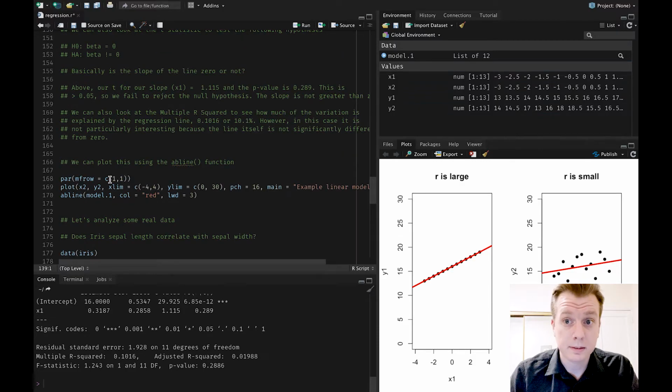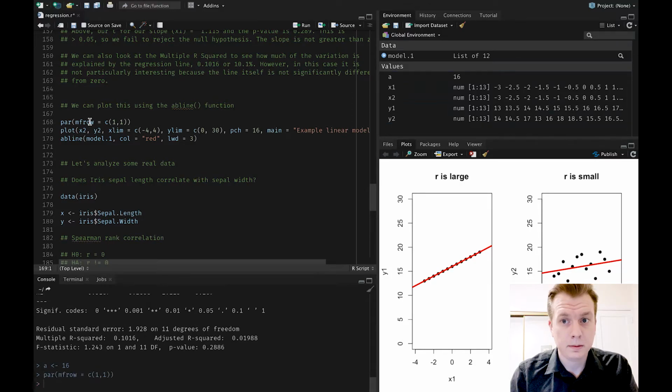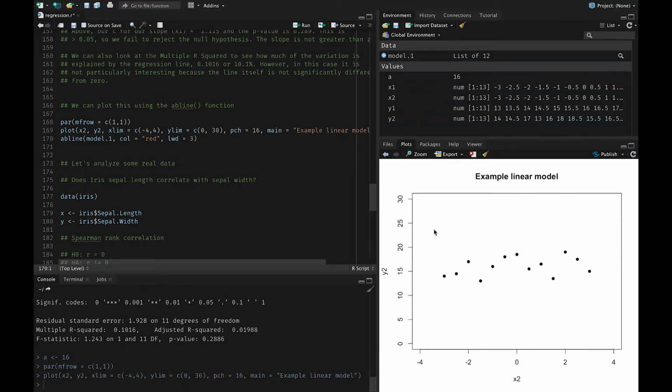We can plot this line really easily in R. I'm going to run par(mfrow=c(1,1)), just because we're looking at one plot here. And so let's plot our example data. You can see it looks pretty flat. It's really not much change with y given a change with x.